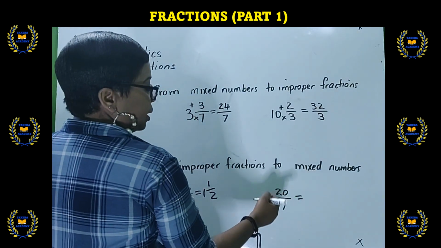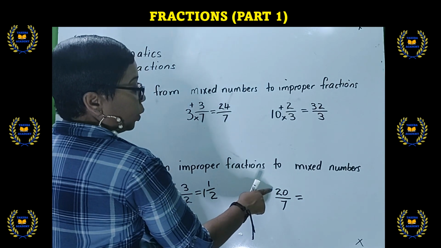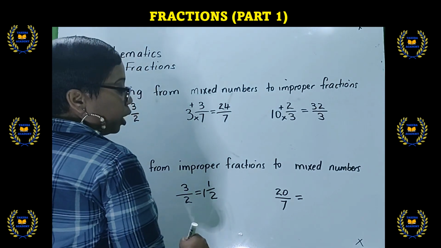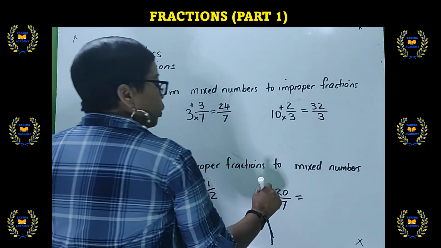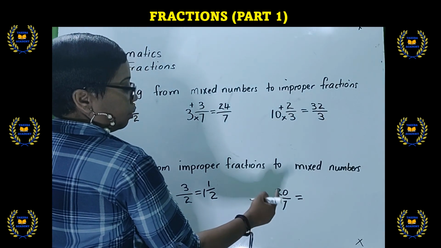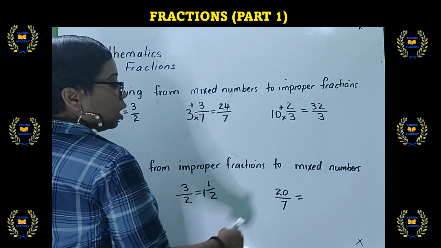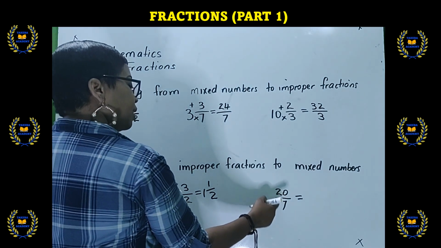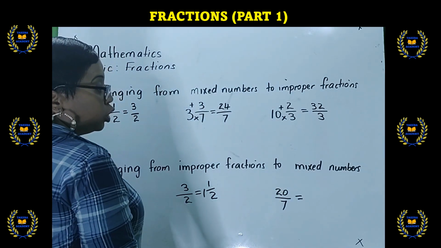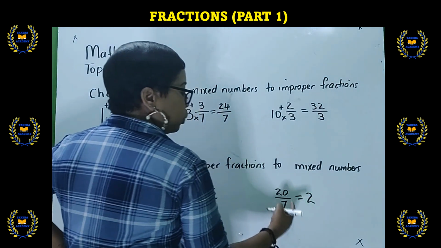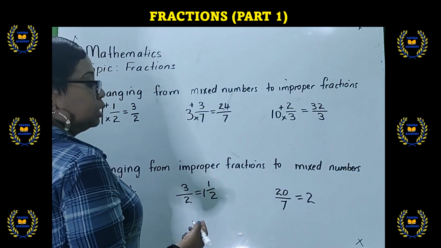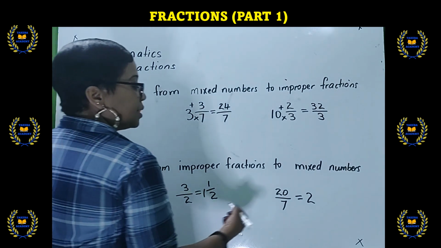We have 20 over 7. Again, we're dividing our numerator by our denominator. How many groups of 7 can we get out of 20? The answer is 2. Alright? 2 groups of 7, that's 14. So the remainder would be 6.